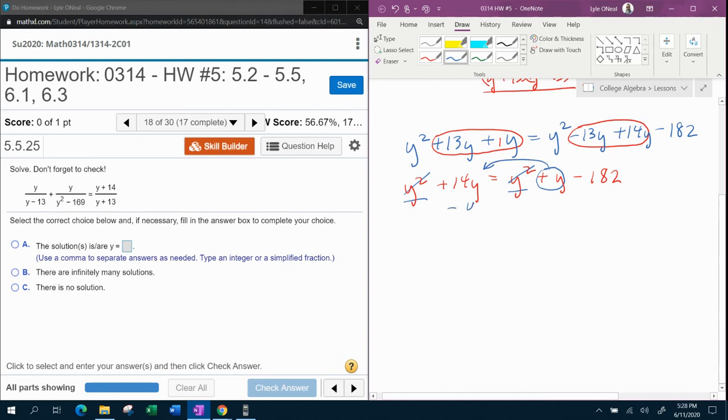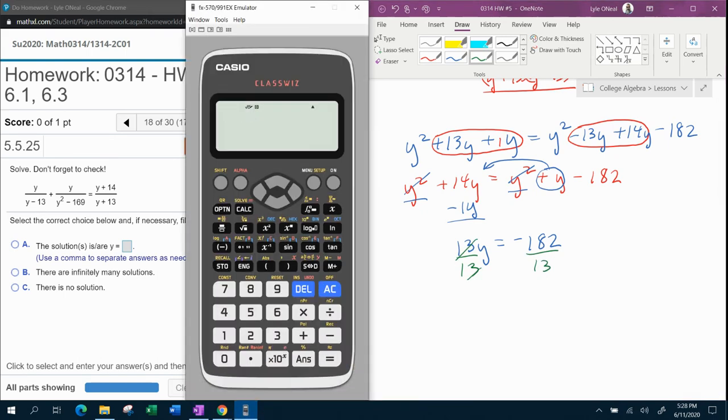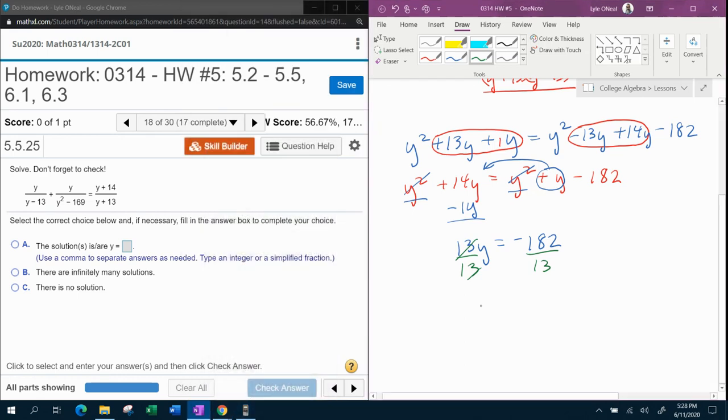That's going to make it minus y. 14y minus y is 13y equals negative 182. And then I'm going to divide both sides by 13, and I'm going to hope it divides evenly. So with my handy-dandy calculator, we've got negative 182 divided by 13, negative 14.